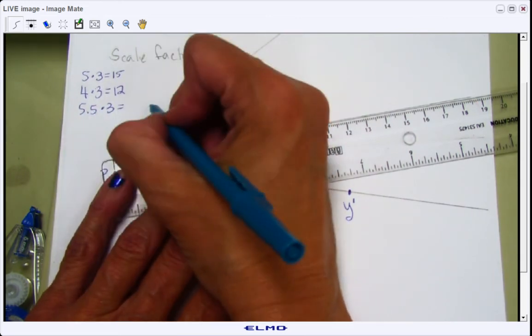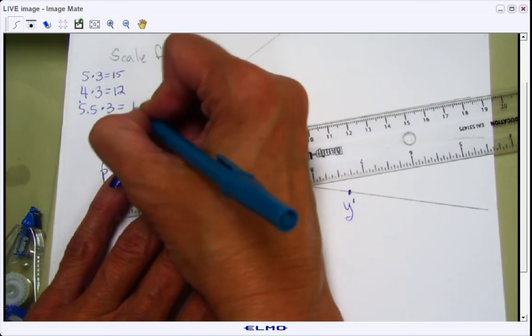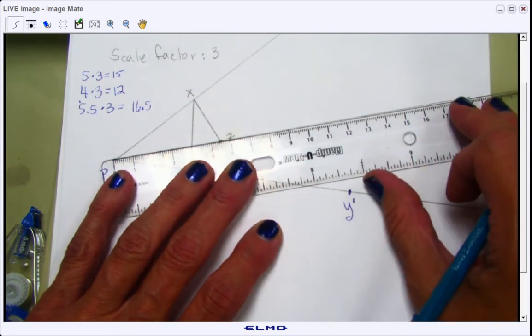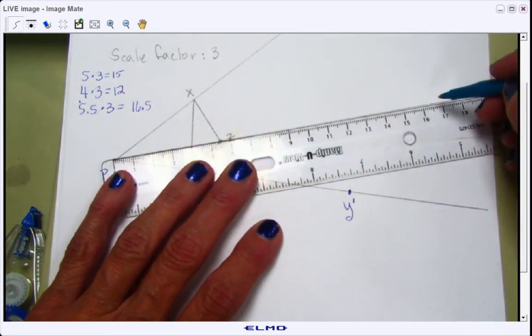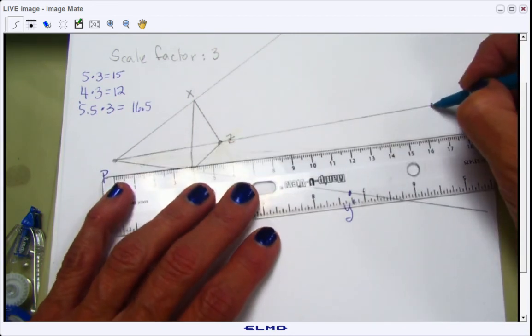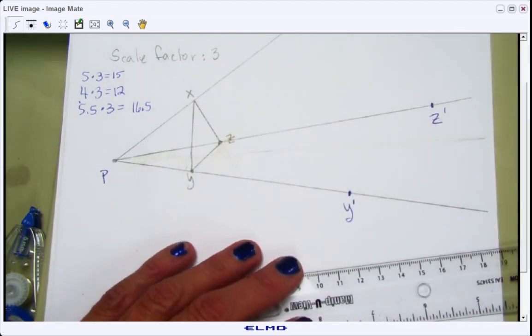So 3 times 5 is 15. I carry my 1. That's 15, 16.5. So I need to go out to 16.5. So here's 16, here's 17. So it would be halfway in between. So right here, and that would be my Z prime.